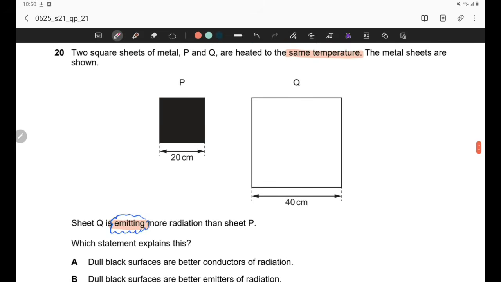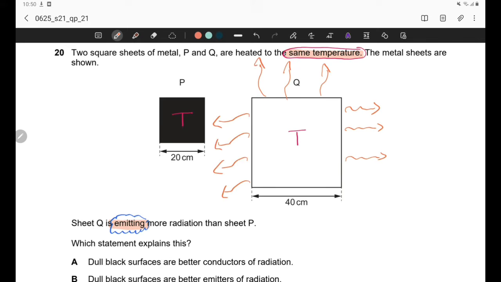In the first statement of the question it says that both the sheets are heated to the same temperature. So both sheets have the same temperature inside, but the emission of heat to the surroundings is greater for sheet Q compared to sheet P.